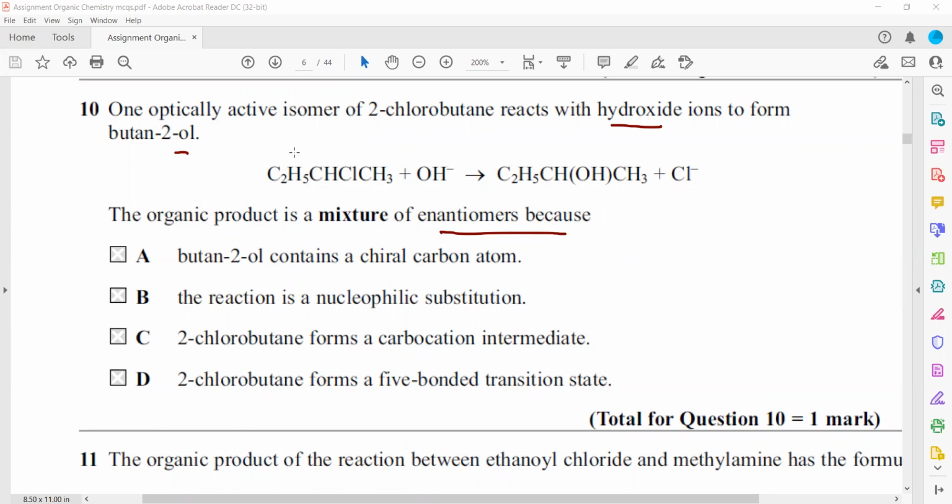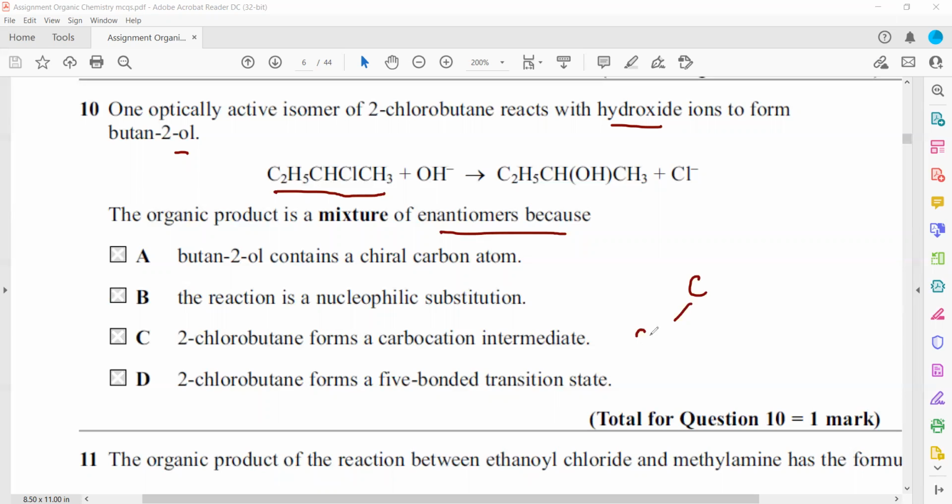So what is the reason for that? Enantiomers are always formed when we have a chiral carbon, so what is the mechanism of this reaction? Basically, this is a tertiary halogenoalkane.